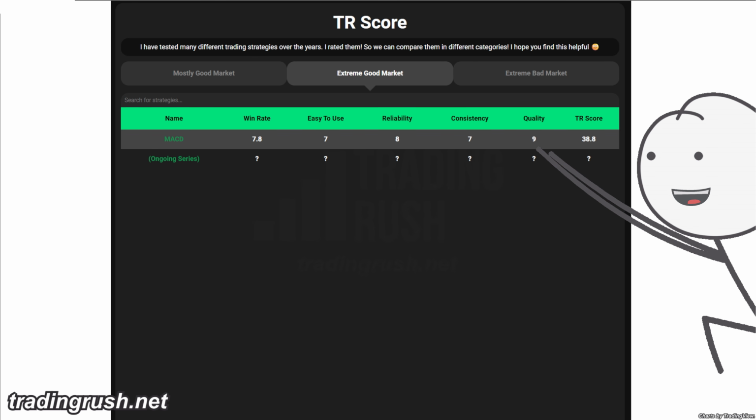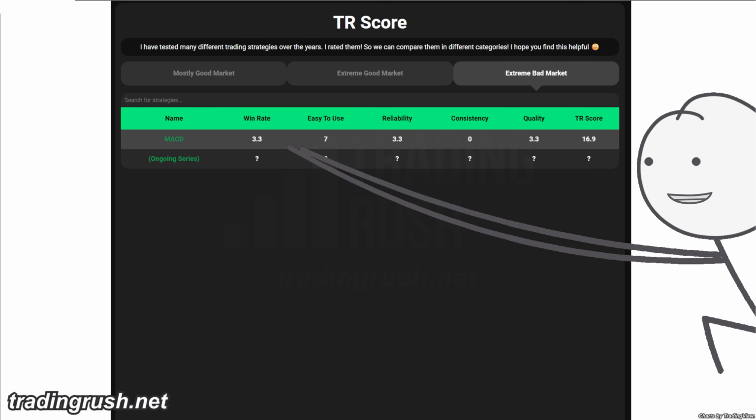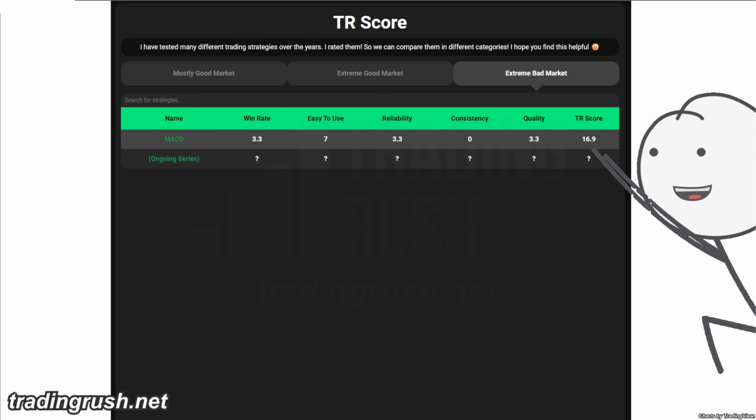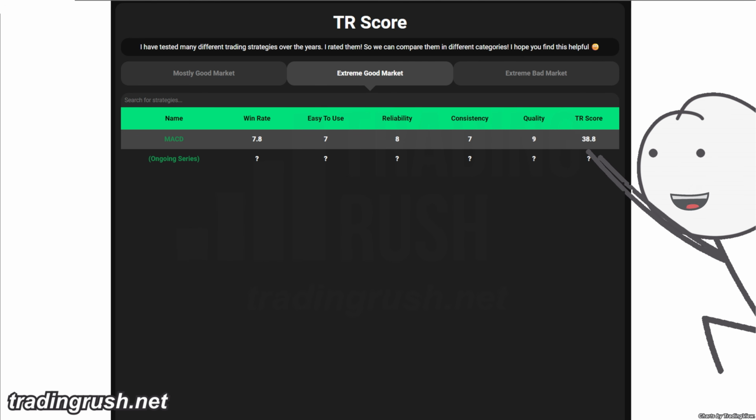And in the extremely bad market test, since MACD gave the worst win rate just like the MACD Zero Lag indicator, I am going to give it one of the lowest TR scores of 16.9. So, MACD in the extremely good market gets one of the highest TR scores, and MACD in the extremely bad market gets one of the lowest TR scores.